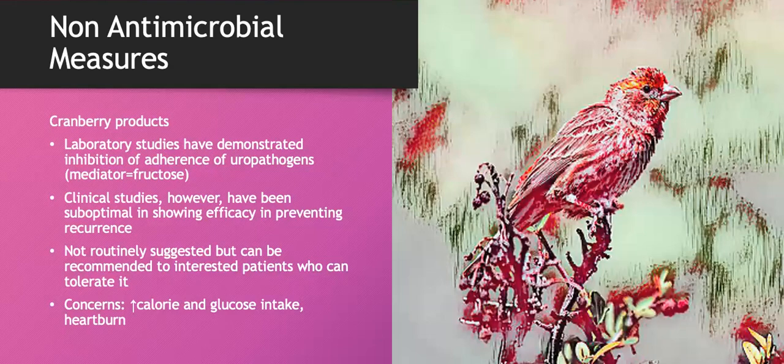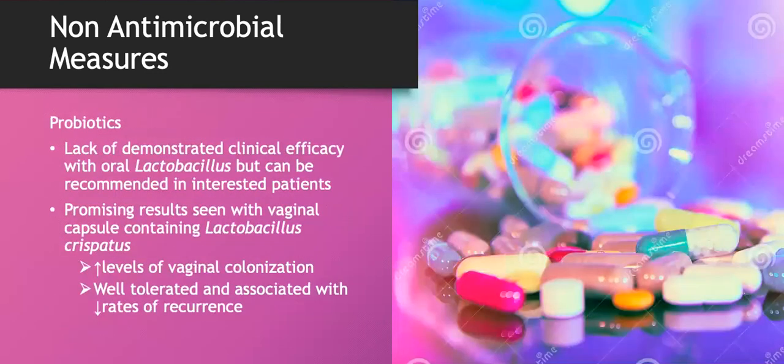It's not routinely suggested, but can be recommended to patients who are interested and who can also tolerate it. There are concerns with increased calorie and glucose intake, and some patients have complained about heartburn after consuming large amounts of these cranberry products.